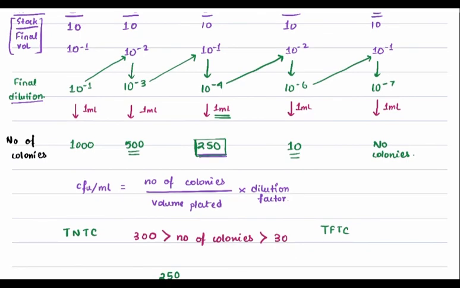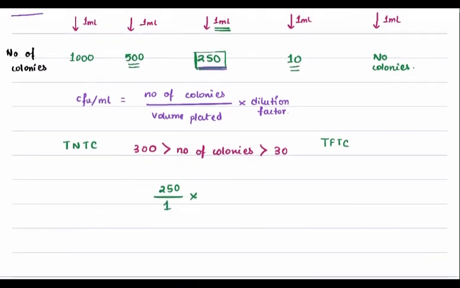Dilution factor is nothing but the reciprocal of the final dilution of the plate that we are calculating. So for the 250, we have a final dilution of 10 to the power minus 4. So the dilution factor would be 1 by 10 to the power minus 4, or just reversing the sign, that is 10 to the power 4.